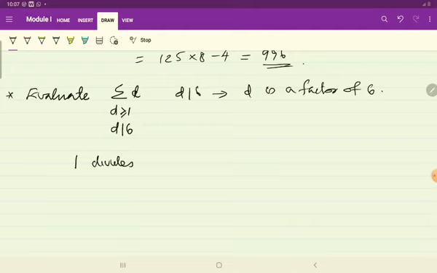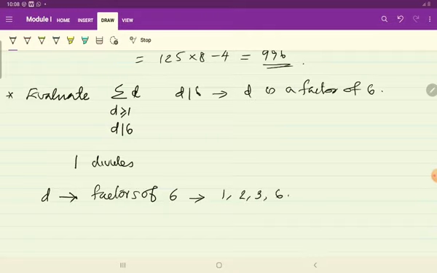So first of all we have to consider the possible values for d. d must be greater than or equal to 1, so we consider the positive factors of 6, which are 1, 2, 3 and 6 itself.